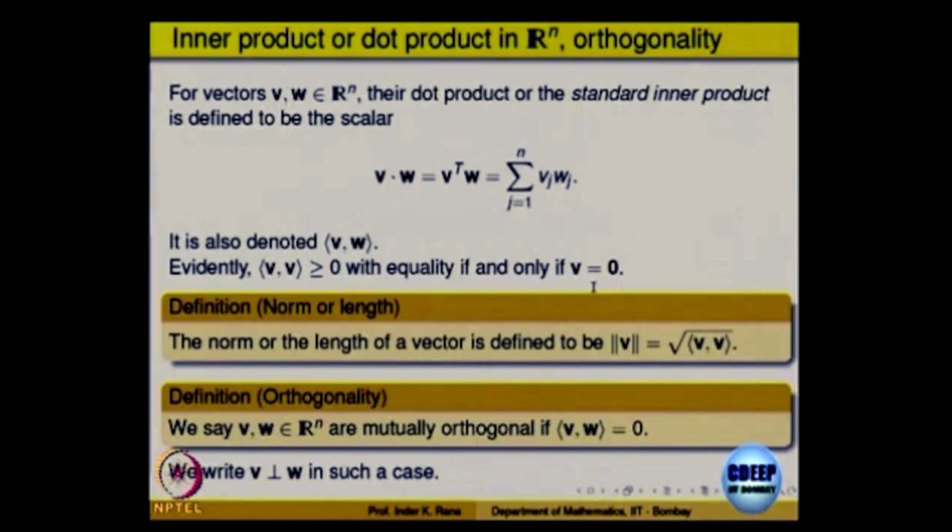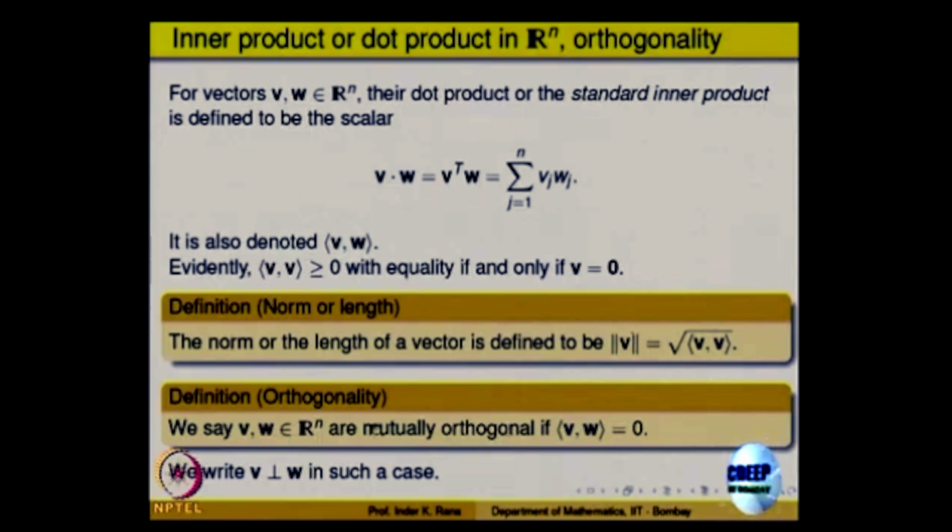This is also called the norm or the length of the vector. What in R2 and R3 was the magnitude, we start calling the norm of the vector, or you can also call it the length of that vector. So the inner product of v with v gives you the sum of vi squares, under a square root.